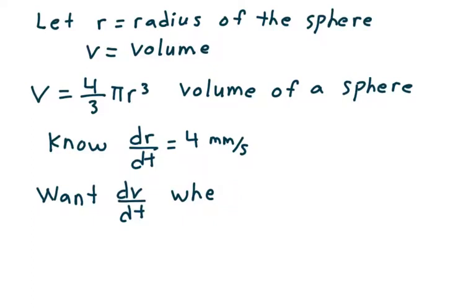So this is a direct application of section 3.5 when you did implicit differentiation. So what you're going to do is you're going to start with v equals 4/3 pi r cubed.